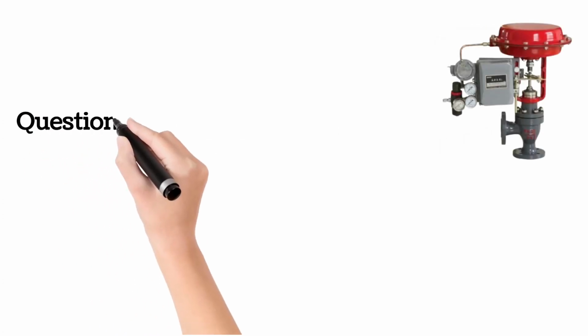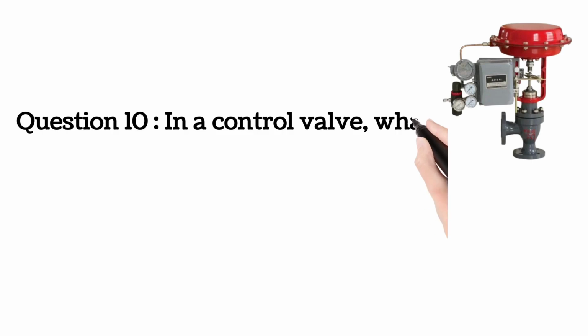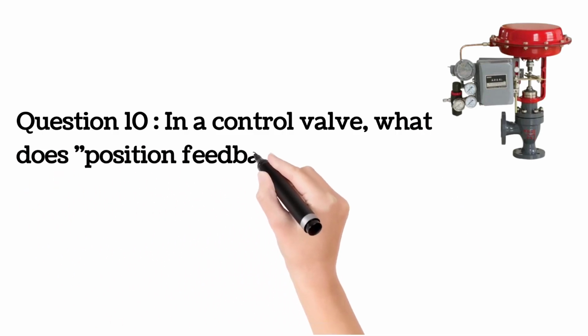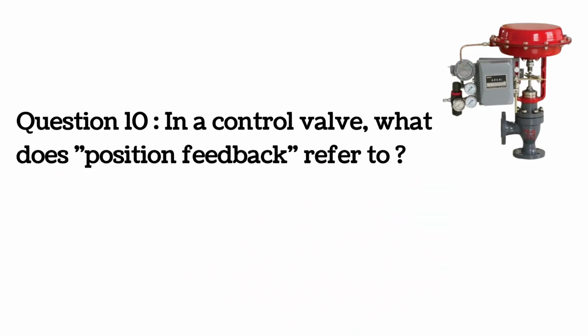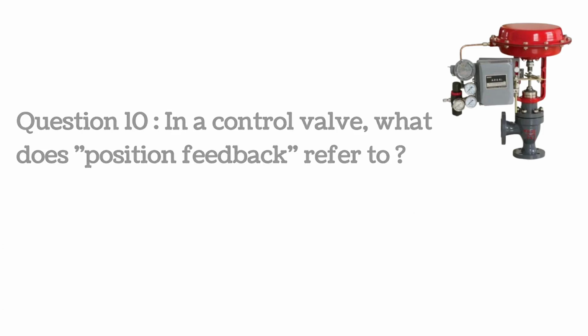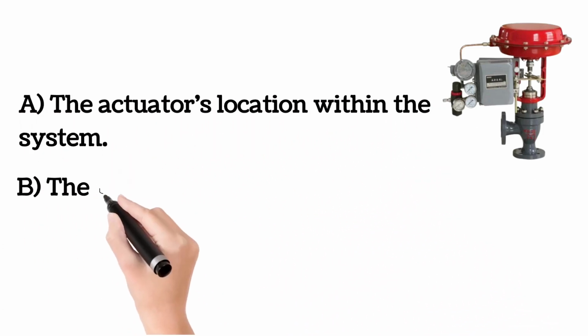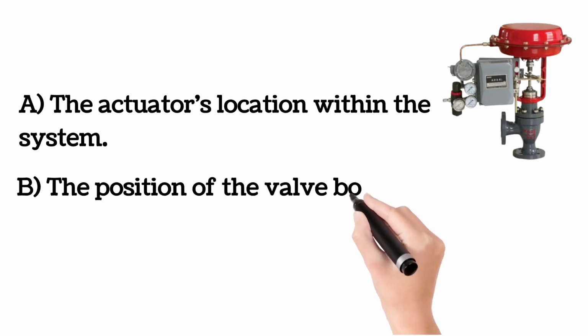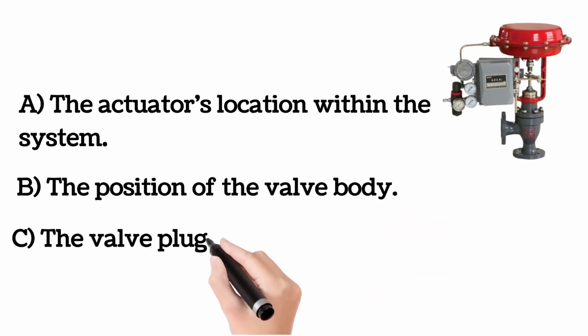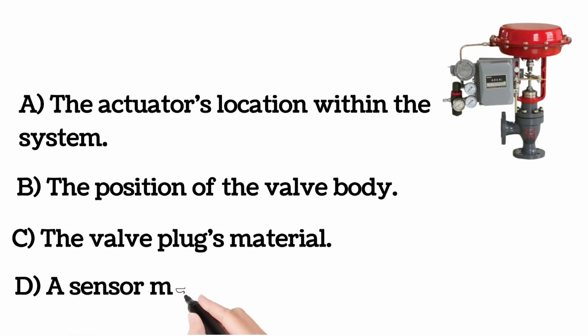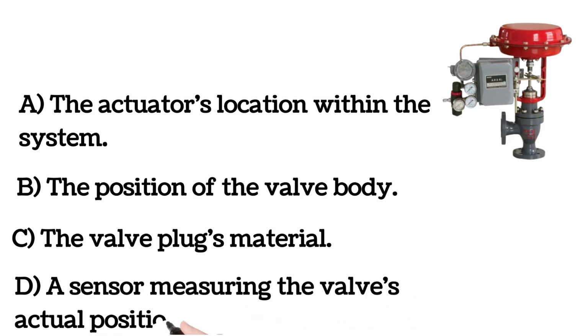Question 10 is, in a control valve, what does position feedback refer to? A. The actuator's location within the system. B. The position of the valve body. C. The valve plug's material. D. A sensor measuring the valve's actual position.